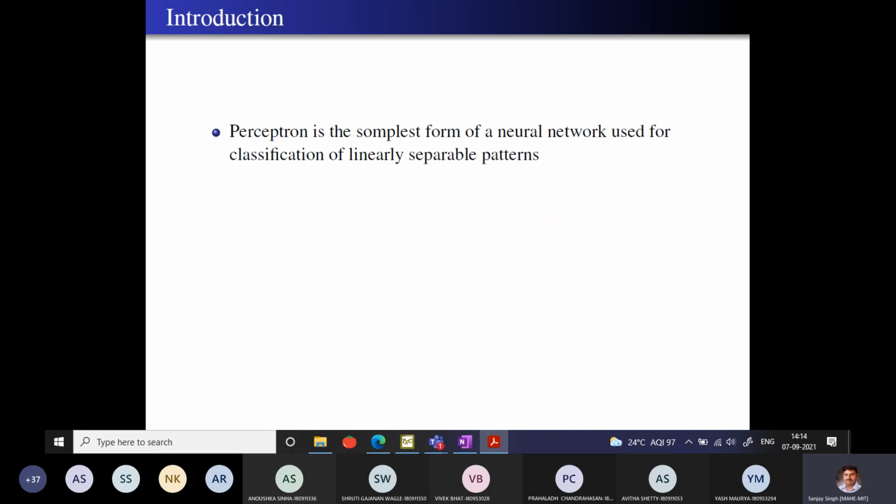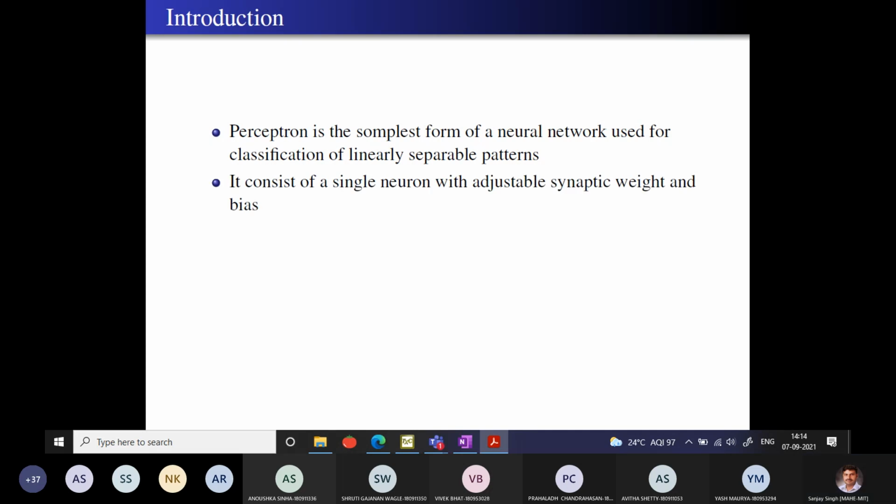Basically, the perceptron is the simplest form of neural network used for classification of linearly separable patterns. Remember the words linearly separable patterns. They are not meant for data sets or patterns which are non-linearly separable. What do I mean by that? I'll explain in a couple of minutes.